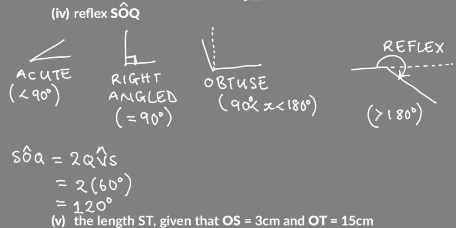From our description of angles, this 120 degrees is an obtuse angle. Now we want the reflex value of SOQ. Therefore, the reflex value is going to be equal to 360 minus 120.